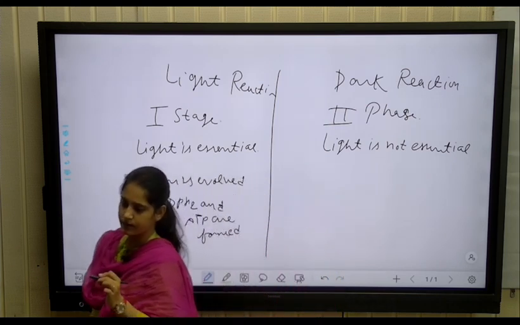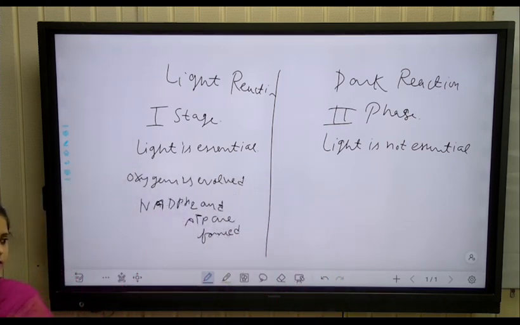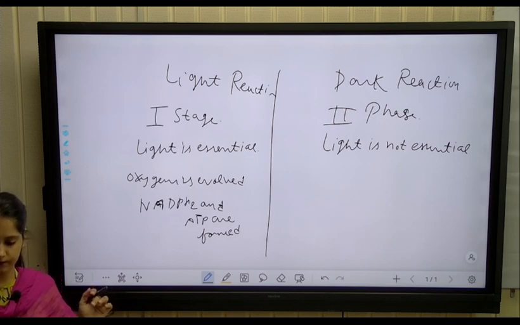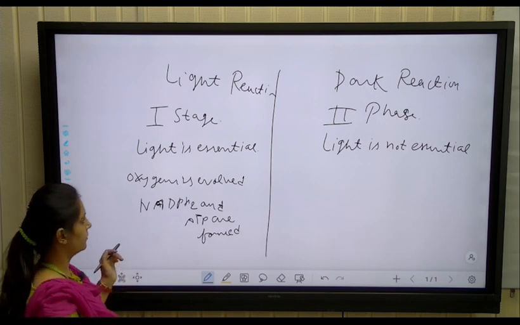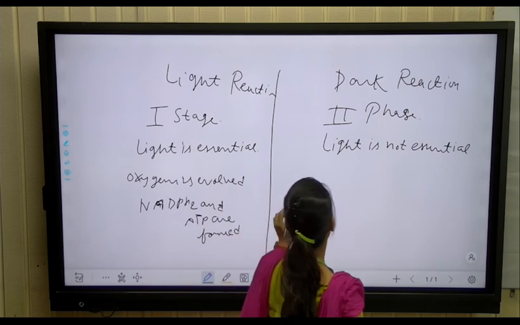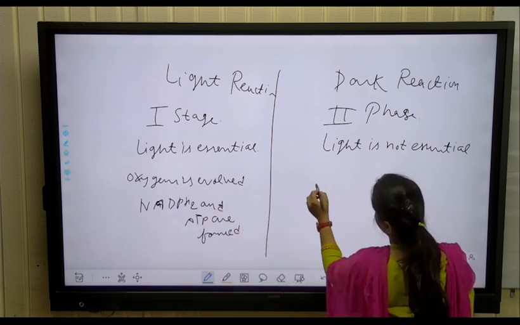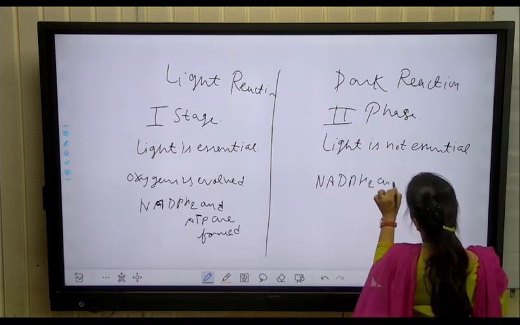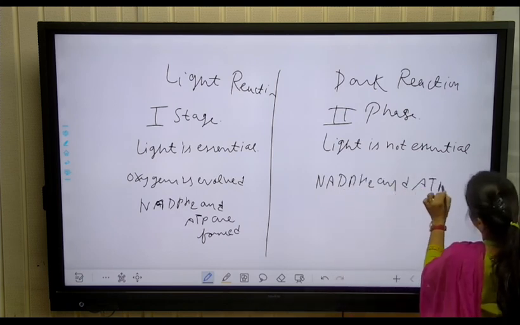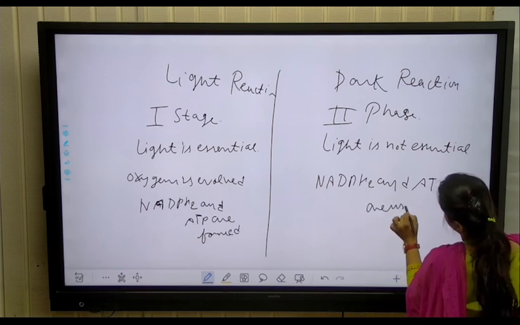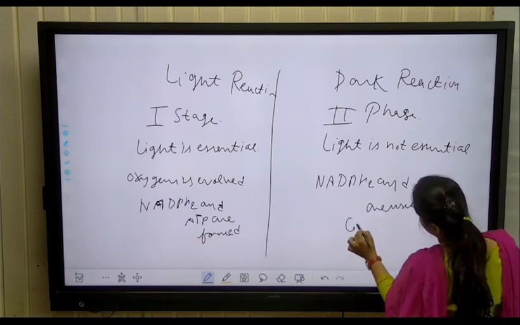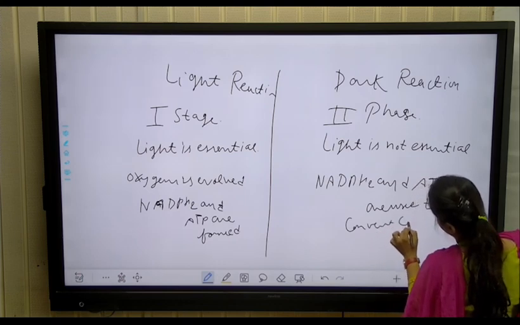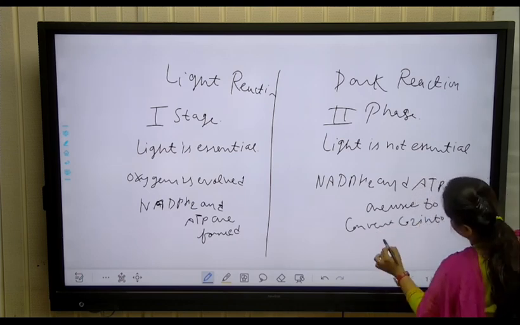This is the first stage, and in the next reaction these NADPH2 and ATP are used to convert CO2 into carbohydrate.